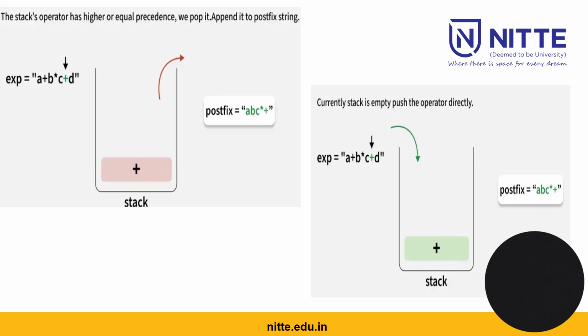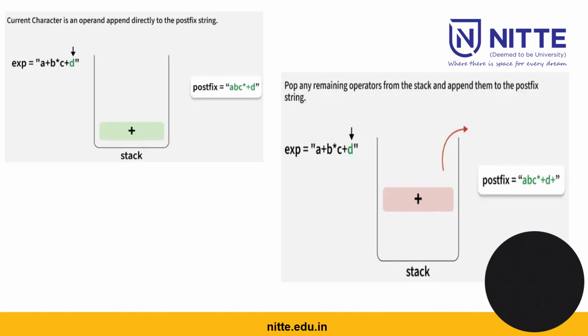Then what do we have to do? D is there. Since there is D, I have to push it to the postfix expression because it is an operand. Then what remains in the stack? That is plus.